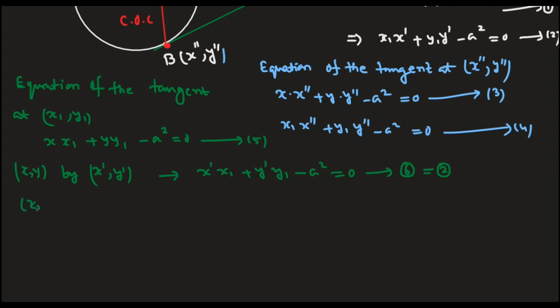So now if you make the line pass through the point x double dash y double dash, then what will happen? You notice that it will be x double dash x1 plus y double dash y1 minus a square equal to 0.